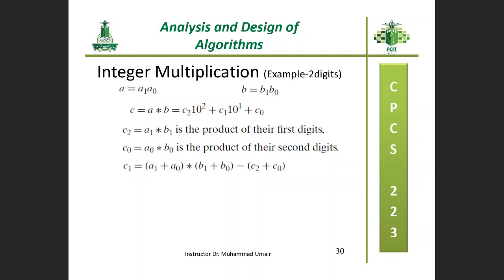Is that clear? So it is representing the general pattern, the general formula to multiply two numbers having two digits in each.